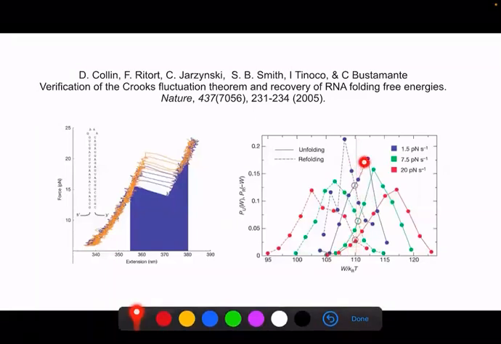Right here. Where those curves cross, therefore, is the equilibrium folding free energy difference, the free energy to fold this little RNA hairpin.